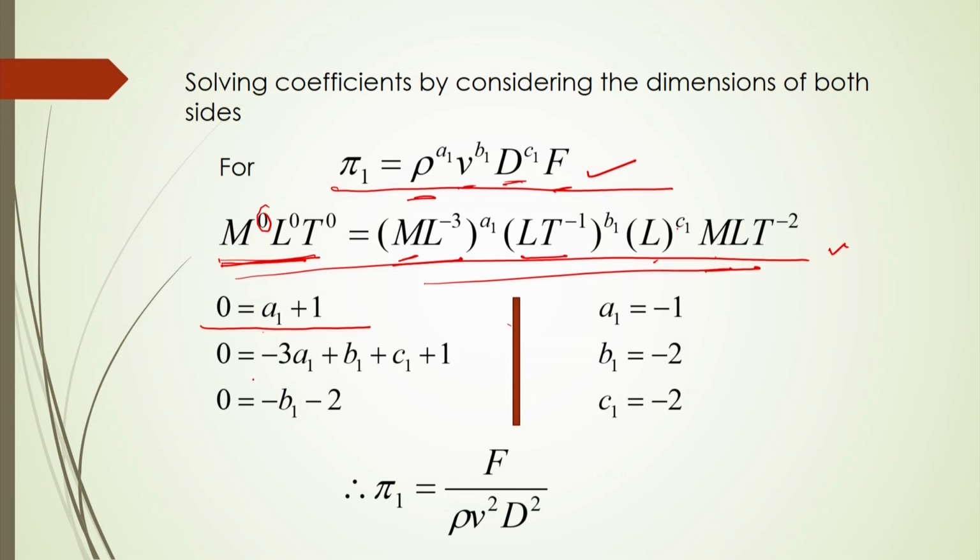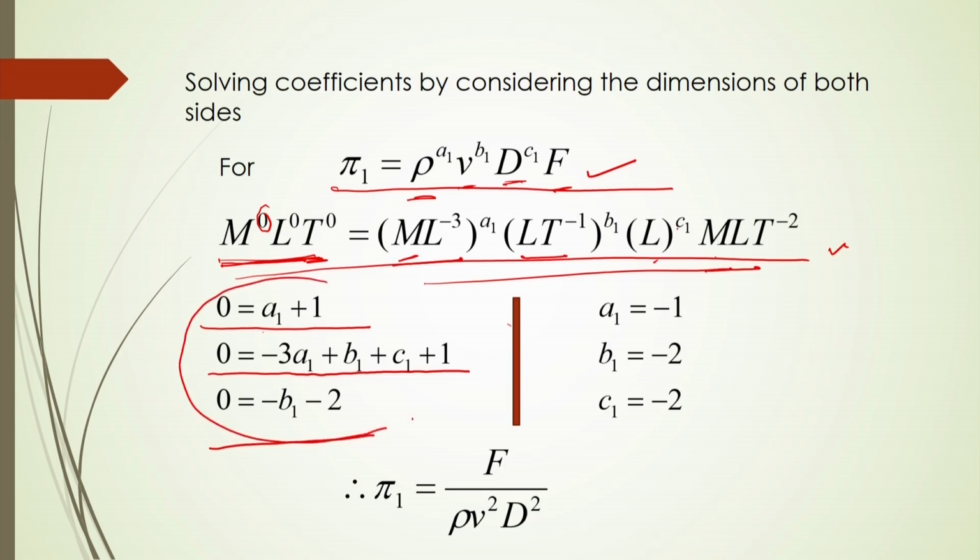Similarly, for L, 0 is equal to minus 3 a 1 plus b 1 plus c 1 plus 1. And for the power of T from both sides of the equation, you get 0 is equal to minus b 1 minus 2.